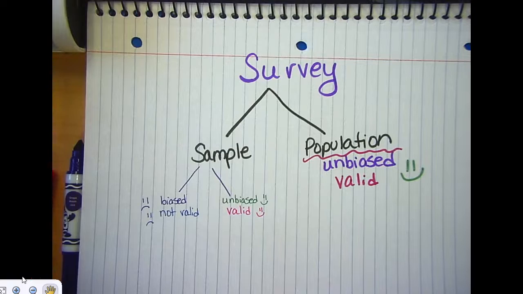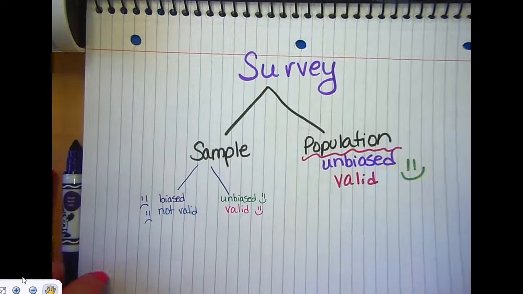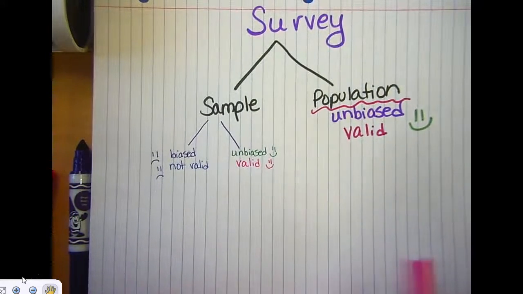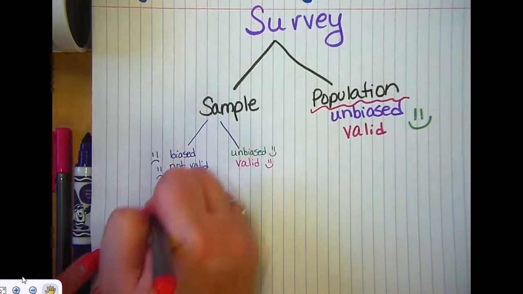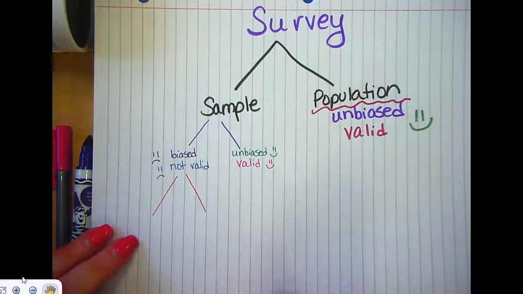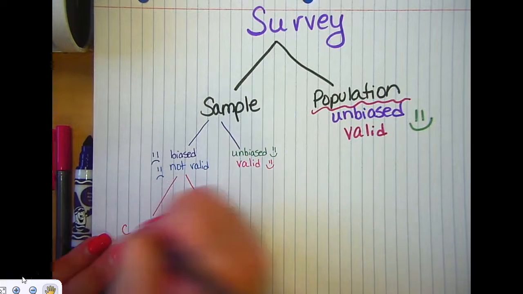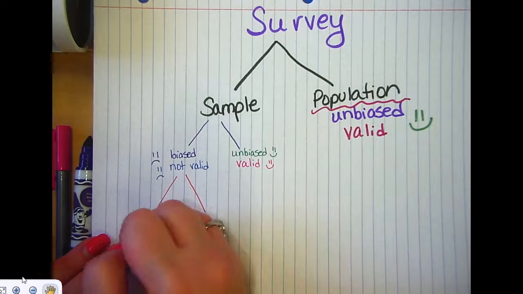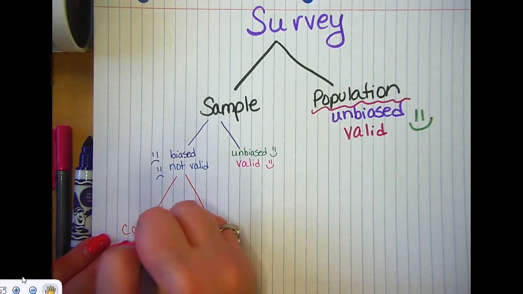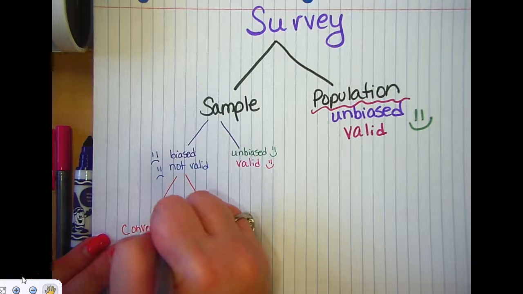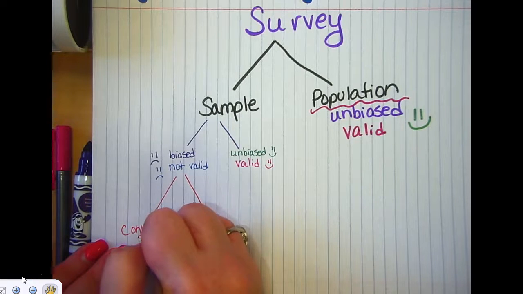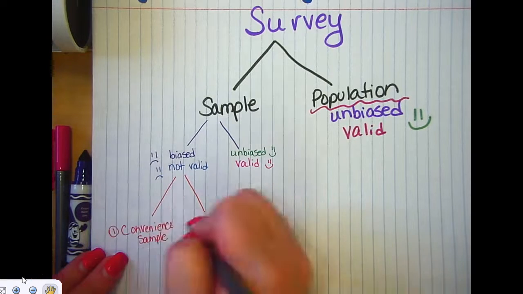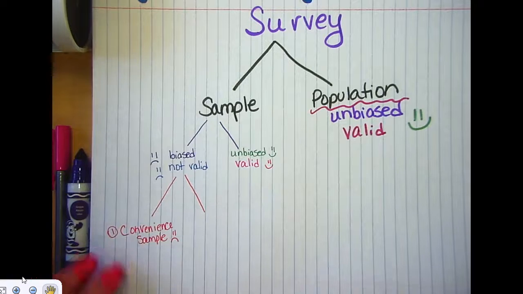So let's look at some of the ways that if we collect our data, it is going to be biased and not valid. So one of the things that we learned about in our vocabulary is a convenient sample. So if I collect a convenient sample, that is biased and not valid. Do you remember what a convenient sample is?